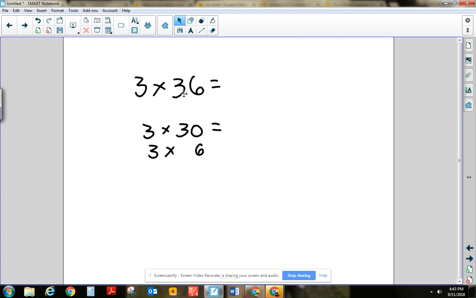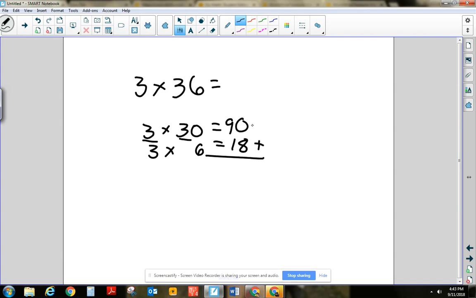See how I just broke it up by the tens place and the ones place? Well, 3 times 30, 3 times 3 is 9. Move that 0 over. 3 times 6 is 18. Line up my place value and I add, and boom, my product is 108.